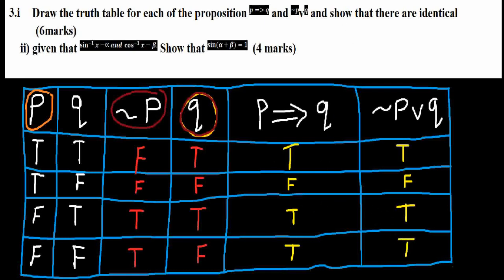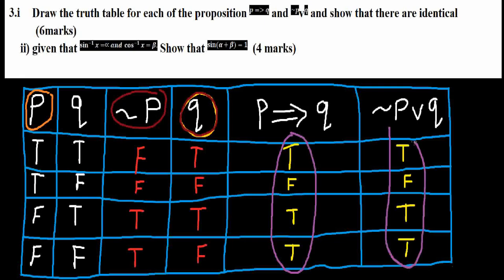Now, taking a look at these two propositions, what do we notice? We notice that the truth values are the same. So if these truth values are the same, therefore the propositions P implies Q and not P or Q are similar.